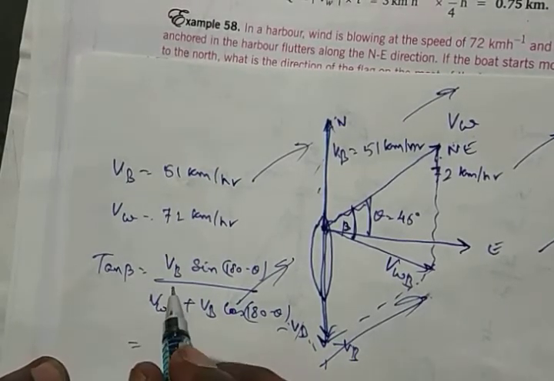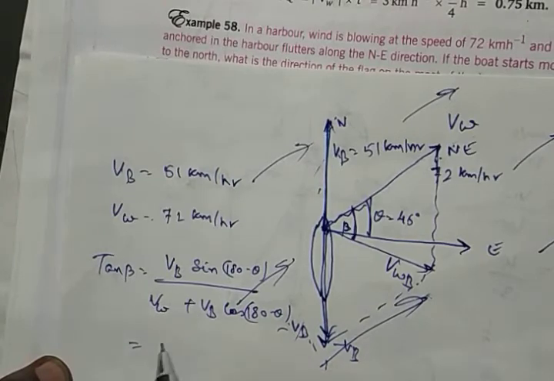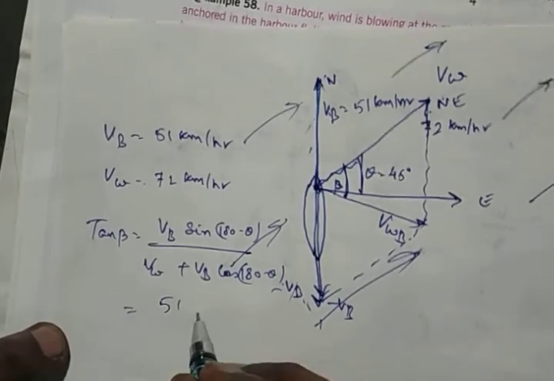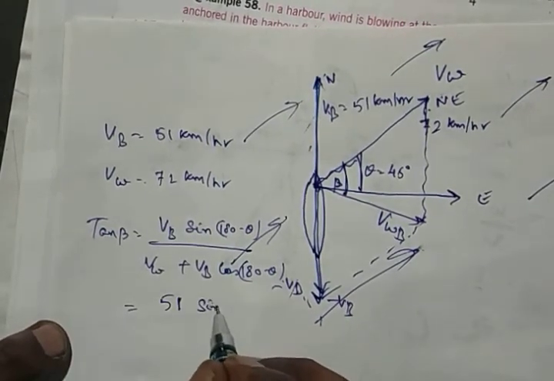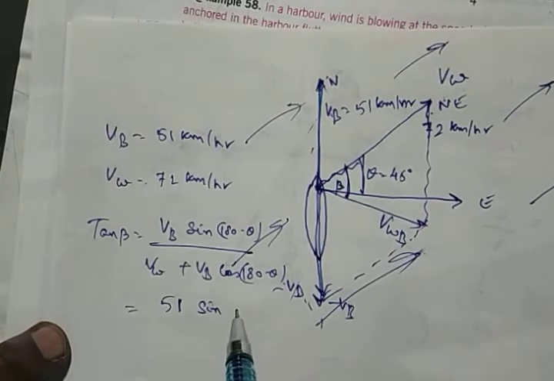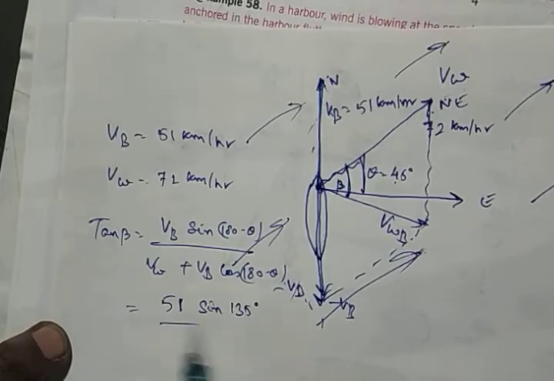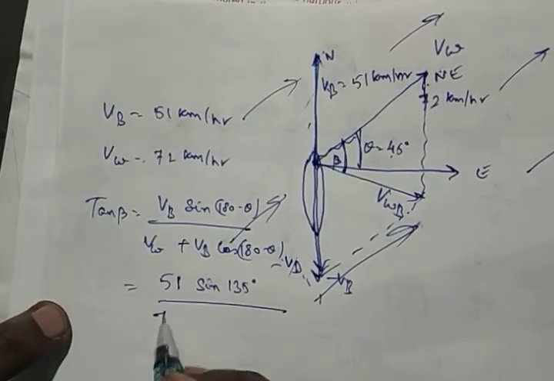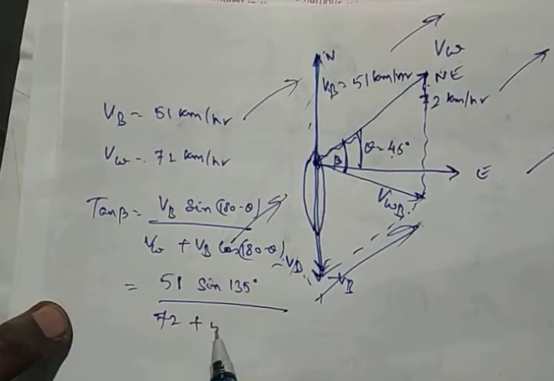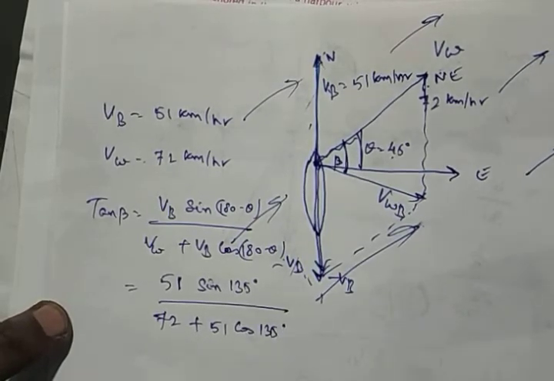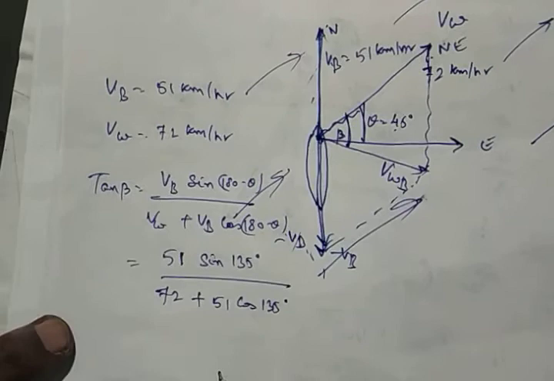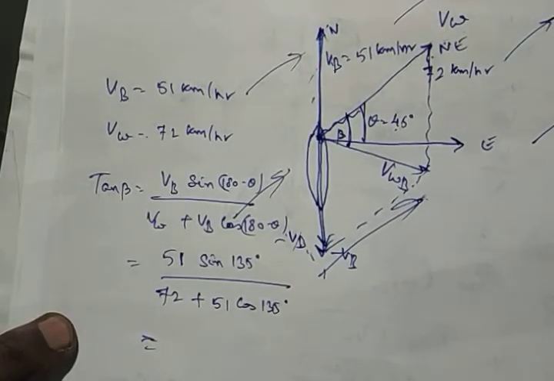VB is the velocity of the boat, 51, so it is 51 sine(180 minus 45), that is sine 135 degrees, upon VW, 72, plus 51 cos 135 degrees. Now we need to put the values here, and then you will get the answer.